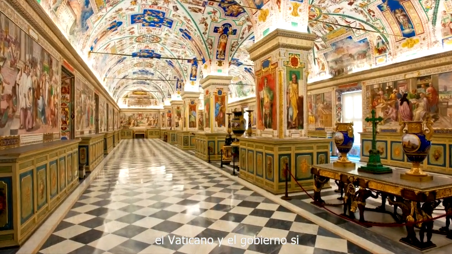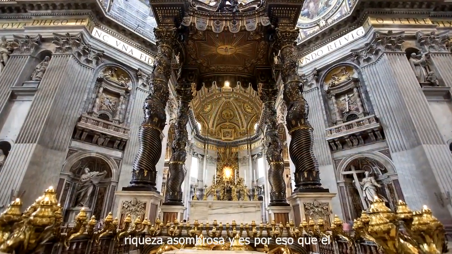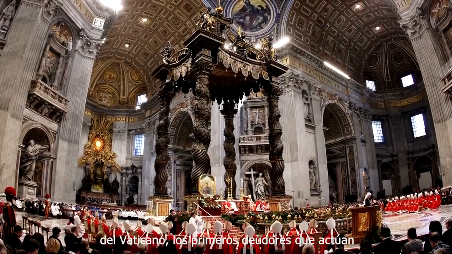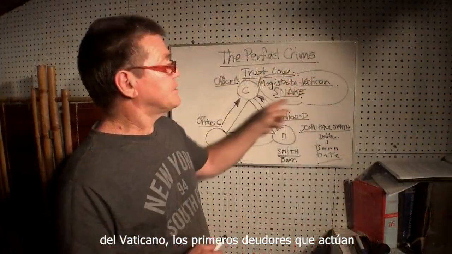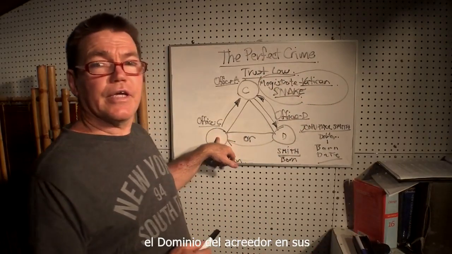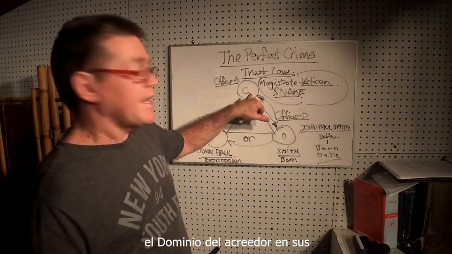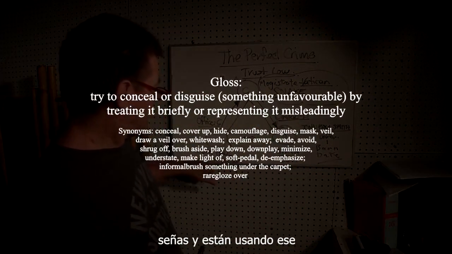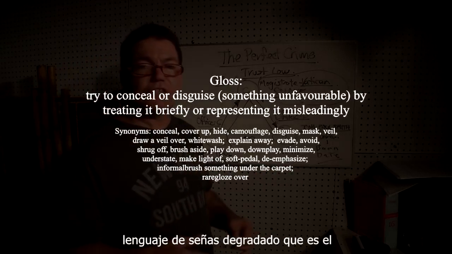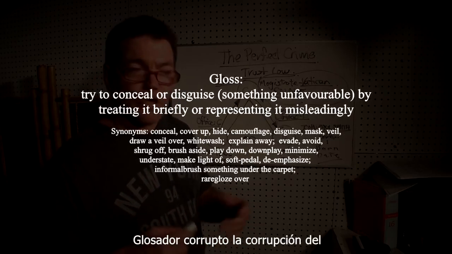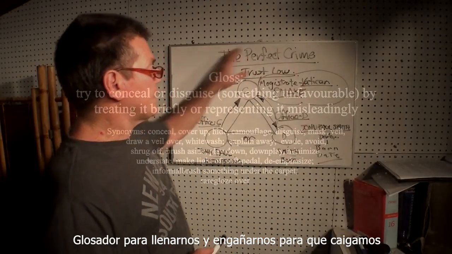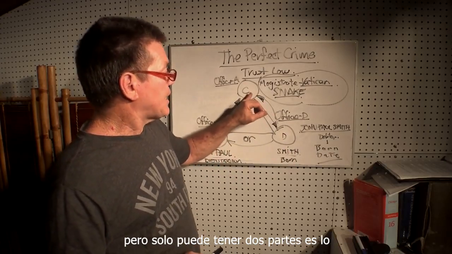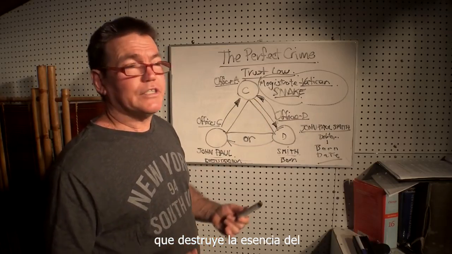That's why the Vatican has so much amazing wealth, and that's why the Vatican Bank and its corporations and the Rothschilds, that are the debtors of the Vatican, the first debtors, are acting as the agents that are actually converting the dominion of the creditor into their pockets and leaving us as a debtor through the grammatical deceptions, sign language, and they're using the debased sign language, which is the corruption of the glossa, in order to fool and trick us into falling into a quasi-trust, a quasi-three-way trust, which means a copy of a real trust, but it only can have two parties, which destroys the essence of the trust.